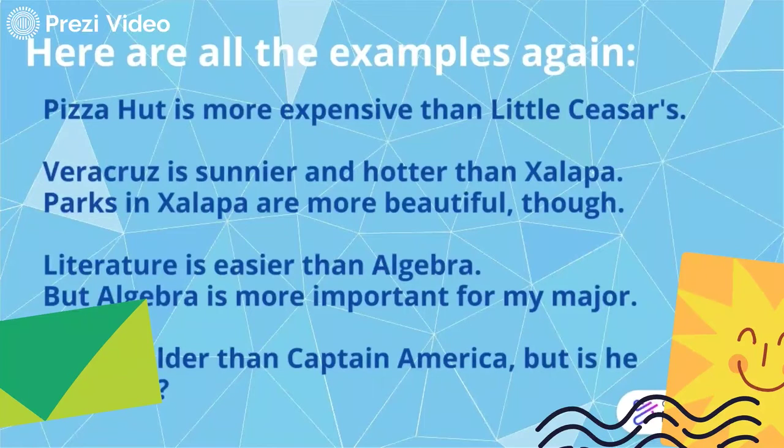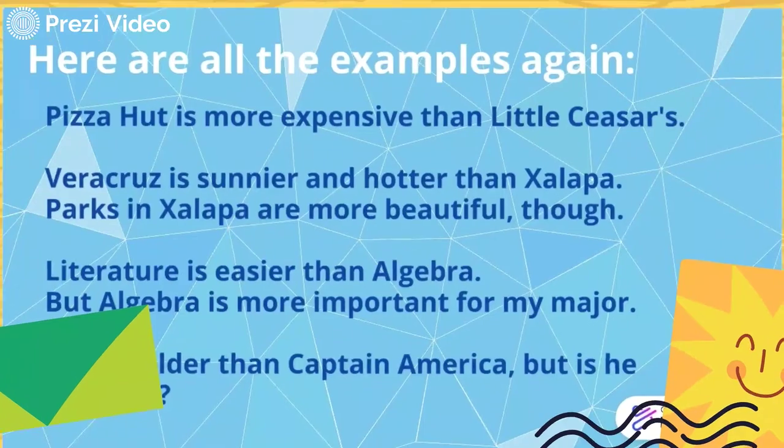Thor is older than Captain America, but is he stronger? Now, can we guess the rule? How are we forming these comparatives? The comparatives here are more expensive than, sunnier and hotter than, more beautiful than, easier than, and more important, all right? Here we have older than. So let's try to guess the rule.